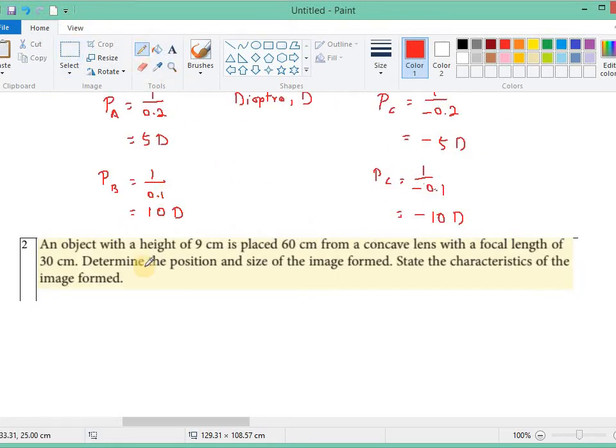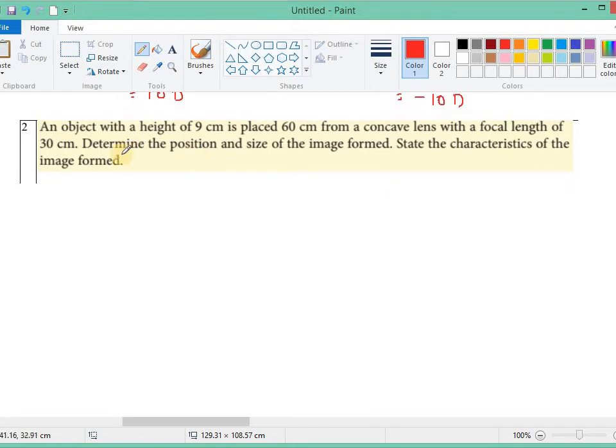Okay, example 2. An object with a height of 9 centimeter is placed 60 centimeter from a concave lens with focal length of 30 centimeter. Determine the position and size of the image formed. State the characteristic of the image formed. So 1 over f equals 1 over u plus 1 over v. This is a concave lens. Focal length is 30 centimeter, so we put negative 30.